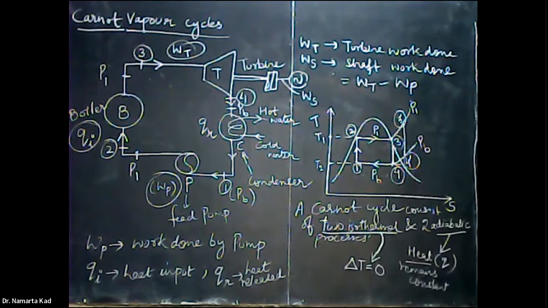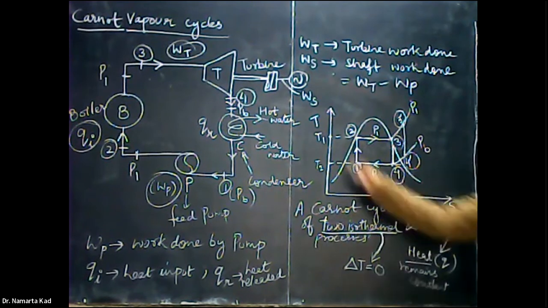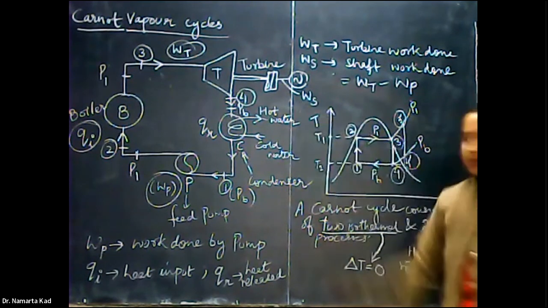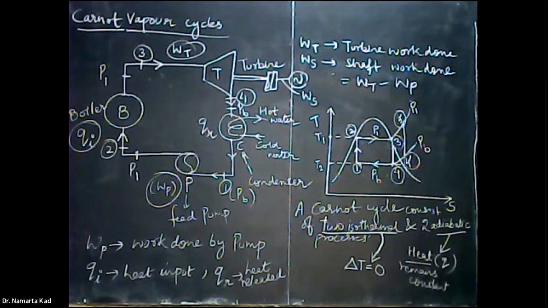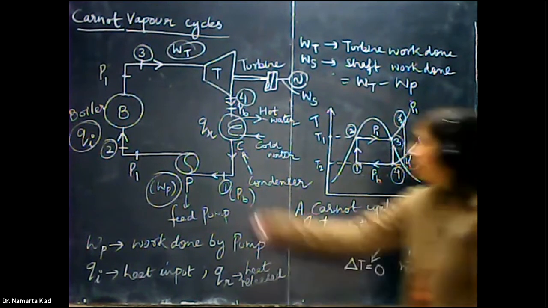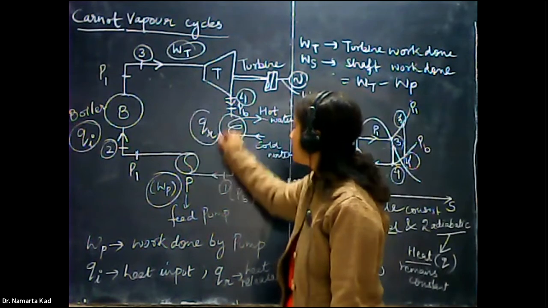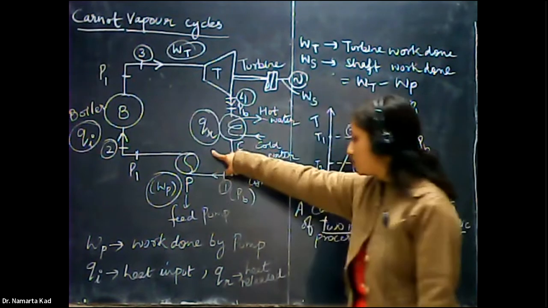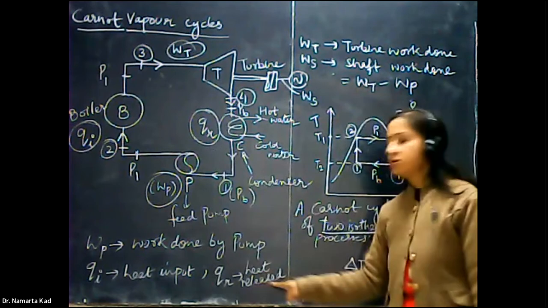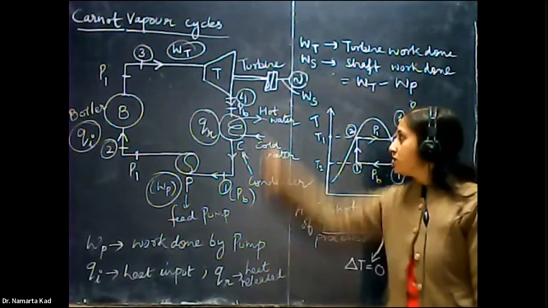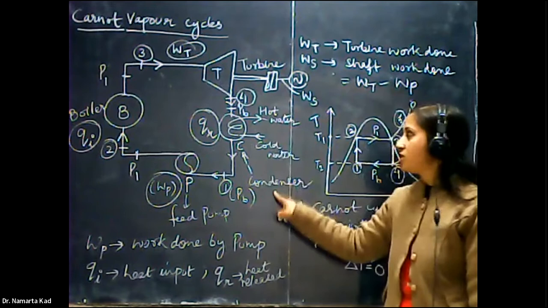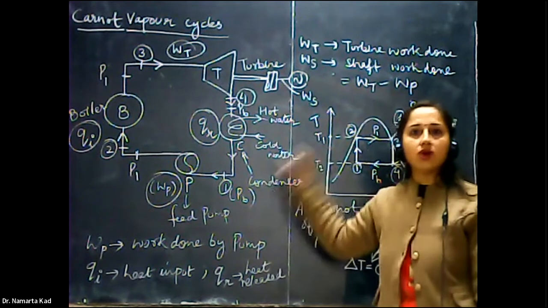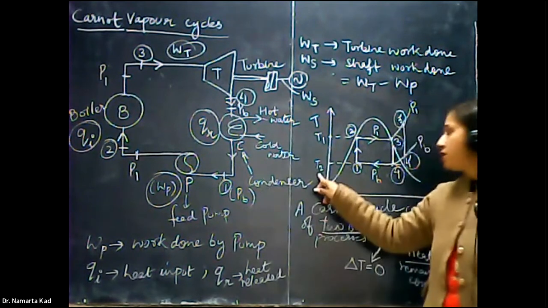So in the condenser stage, the wet steam enters the condenser where it rejects heat isothermally. Here in this 4-1 process, the heat is rejected. Heat is released. In the 4-1 process, heat is rejected isothermally at the constant temperature T2.